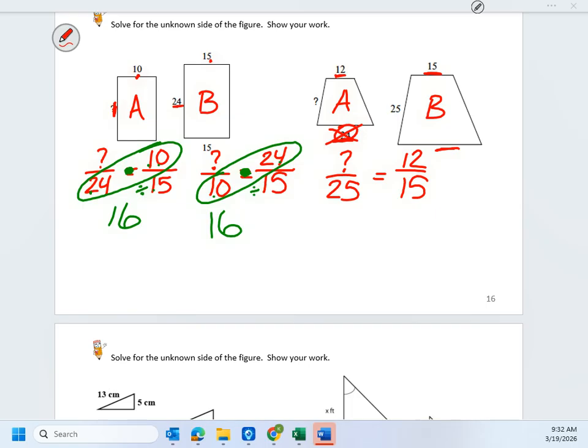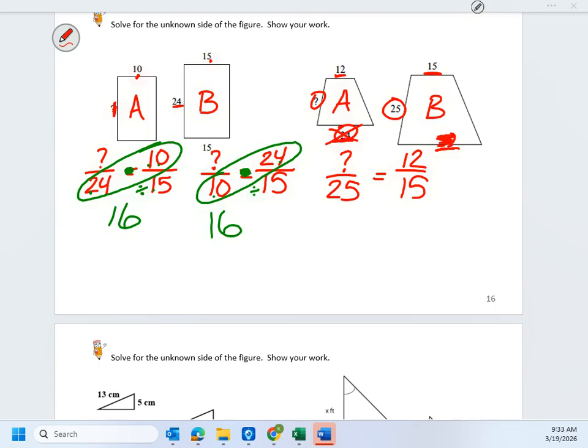If they had put a number here, let's say they put a 30 there, I would have to do the question mark with its corresponding side. You've got to do that one, that's what we're searching for. But if all the sides are measured, you can choose that second set of corresponding sides.